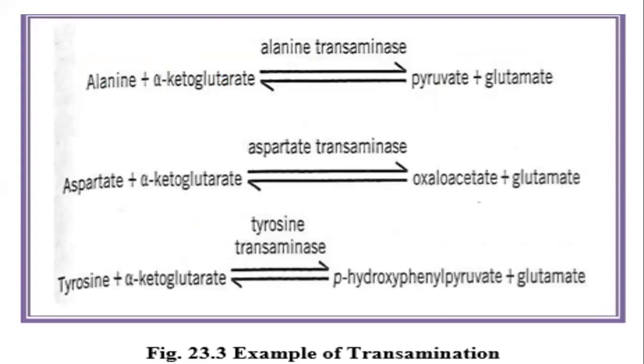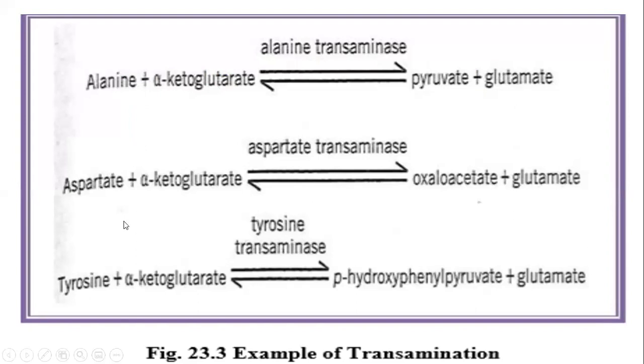Here there are many examples of transamination, and in each reaction you will find formation of glutamate. In the first reaction, alanine reacts with alpha ketoglutarate, and in the presence of alanine transaminase, alanine is converted into pyruvate and alpha KG into glutamate.